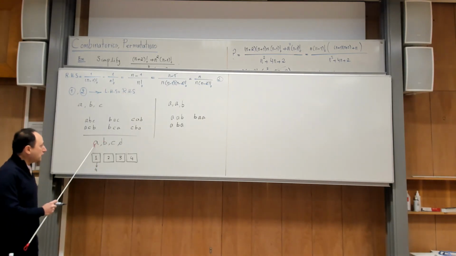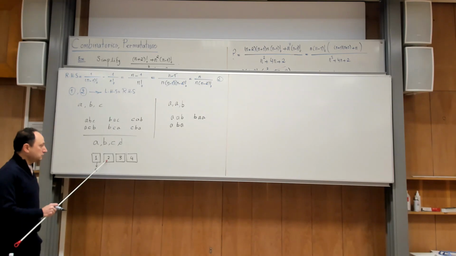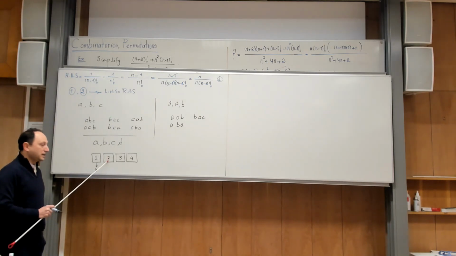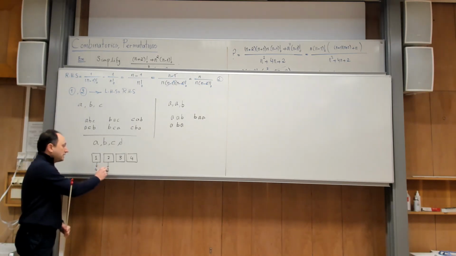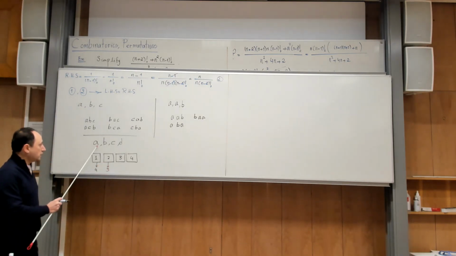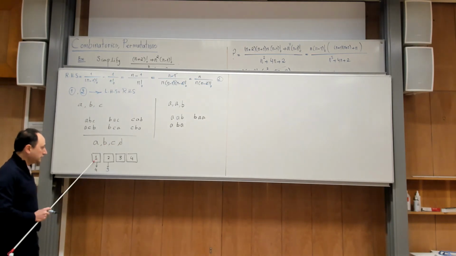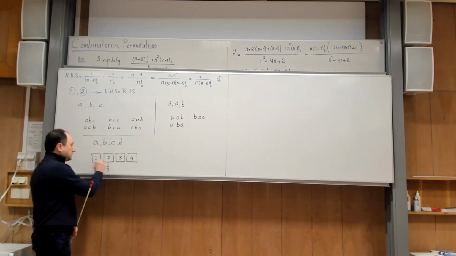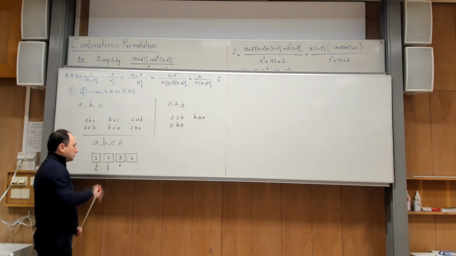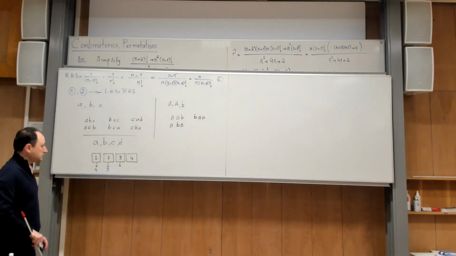I put one of these letters inside the first box, and then I go to the second box. How many options are now available for the second box? 3. Is this 3 independent of which letter I have put here? Yes. So that's always 3. Then this stage is done, and I go to the next one. What is this? 2.